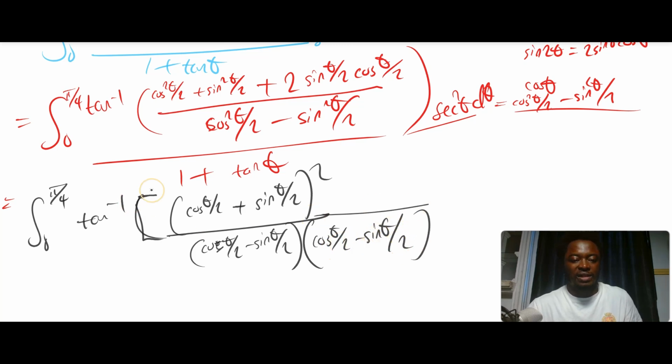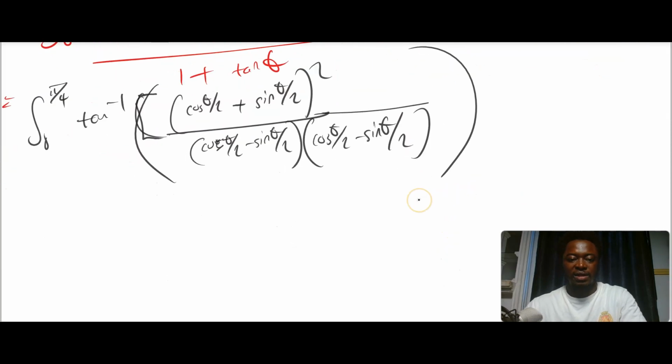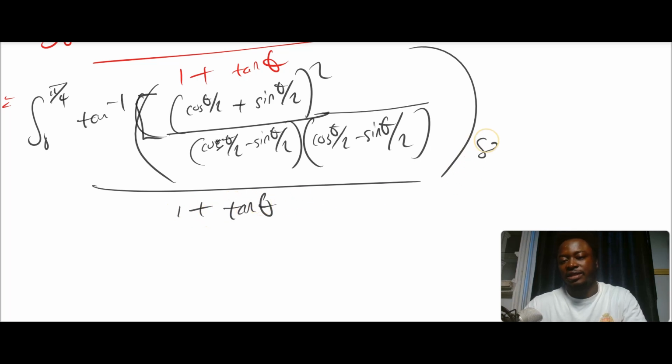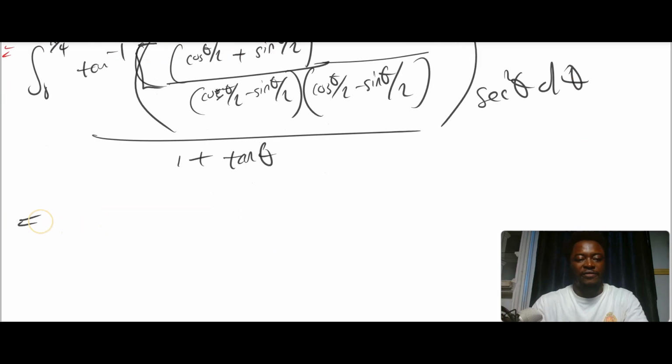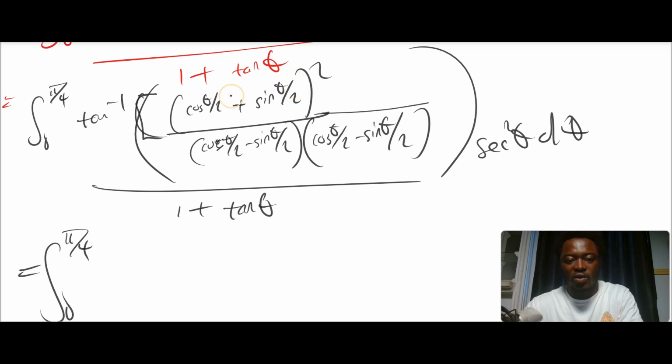So everything is going to be under a bracket, and you would have a 1 plus tan theta secant squared theta d theta. So if you put this as 0 to pi over 4, then notice that over here, one of this expression cancels the bottom part. This is a plus sign, of course.